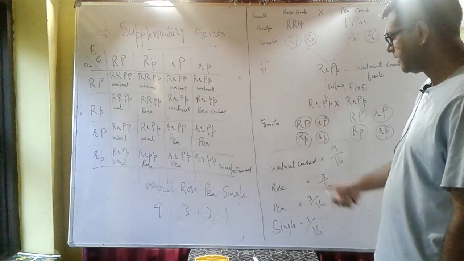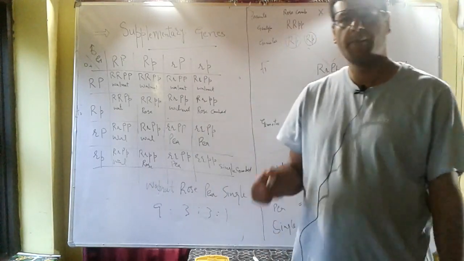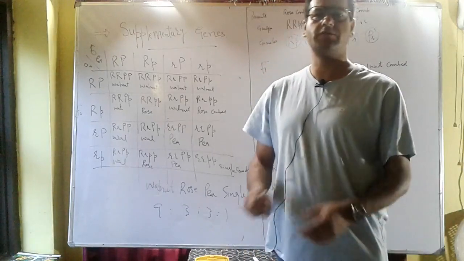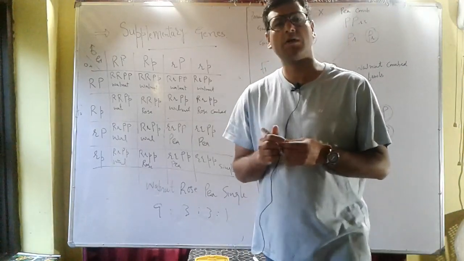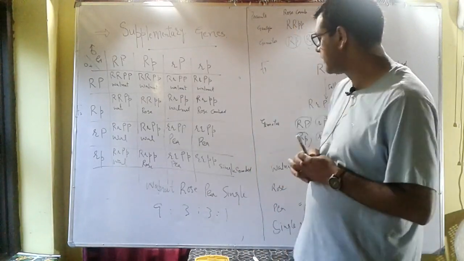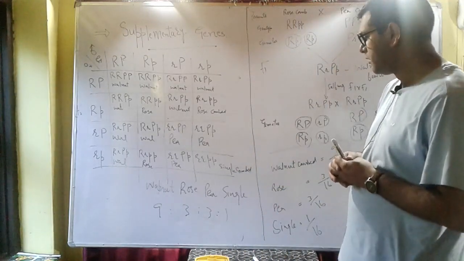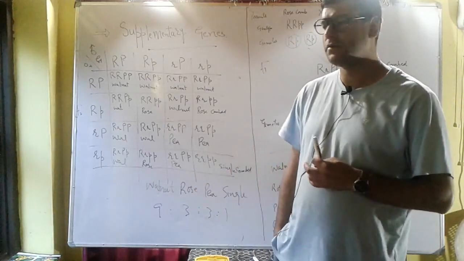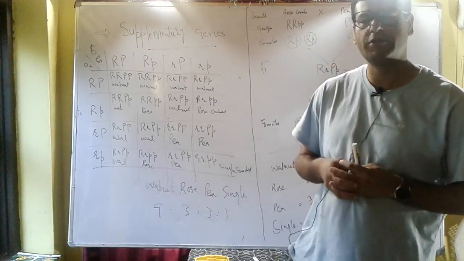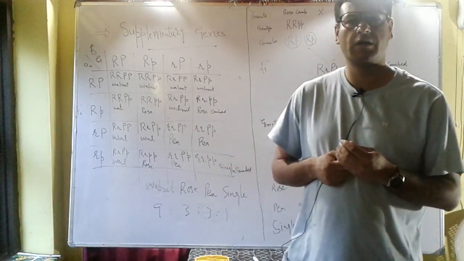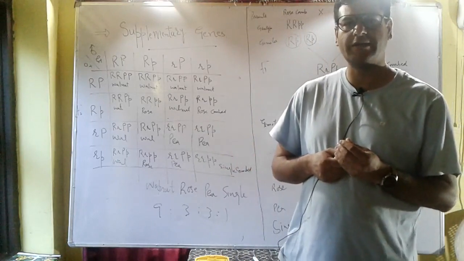So we can see this 9:3:3:1 resembles the simple dihybrid ratio. So we can say that the inheritance of rose comb genes and pea comb genes resembles normal Mendelian inheritance.